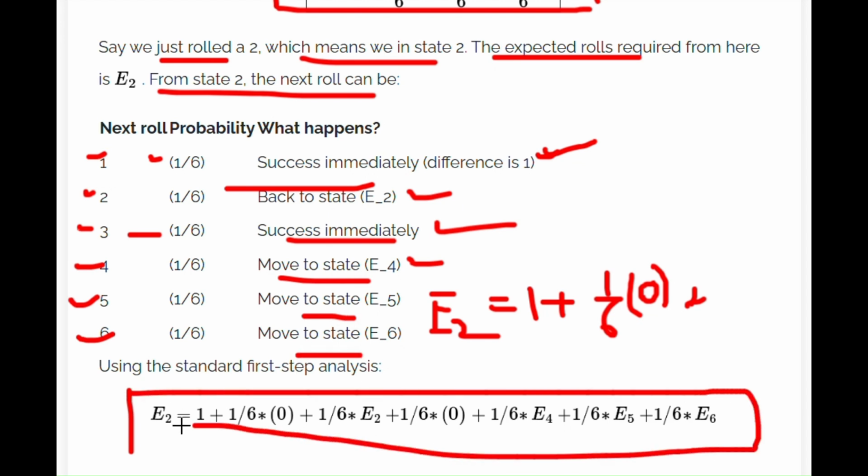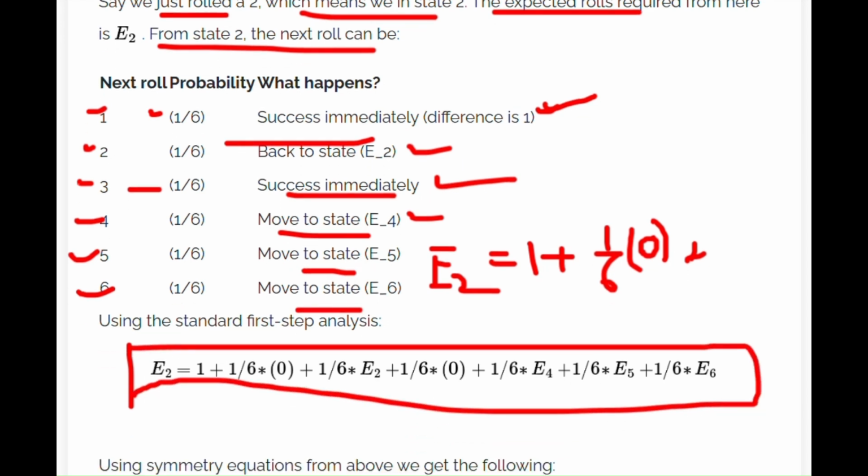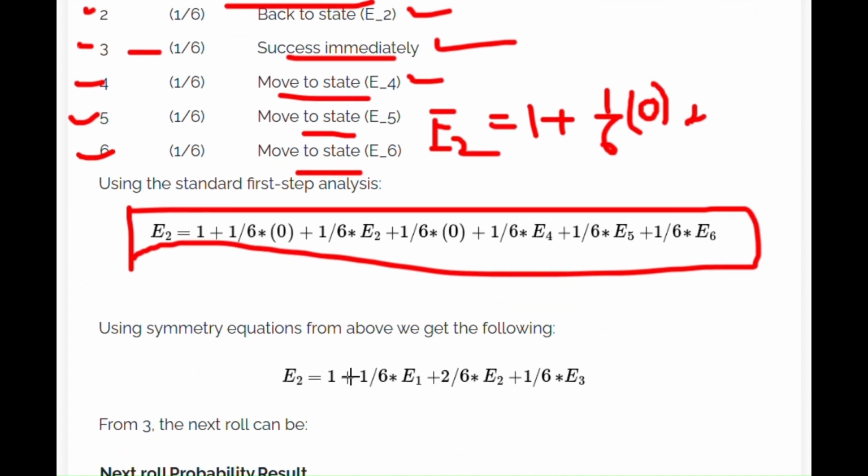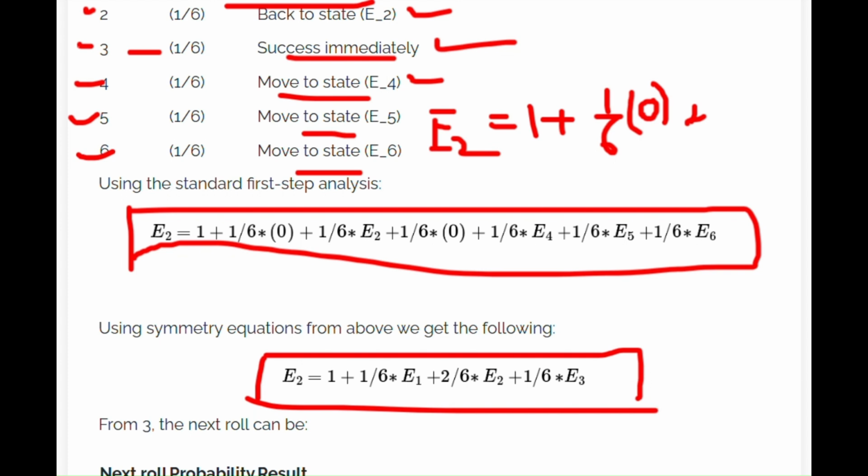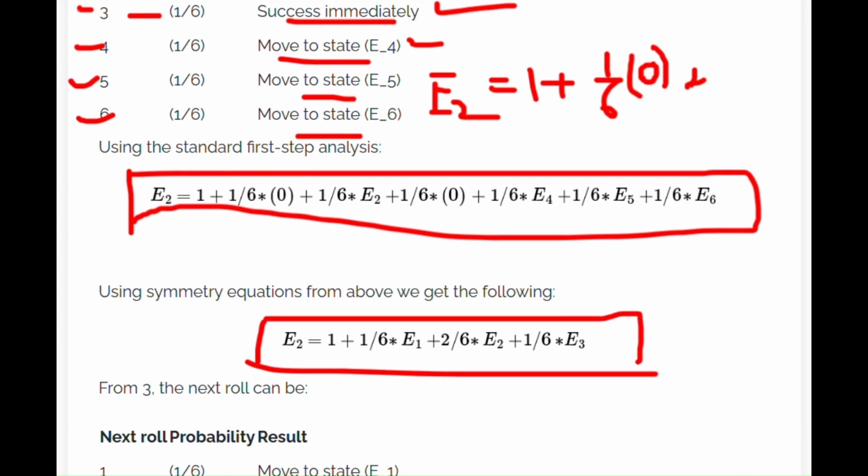This gives us this equation over here. Once again, we use symmetry and collect the terms on one side to get another equation in E1, E2, E3. So far, we have 3 variables, E1, E2, E3, and 2 equations.